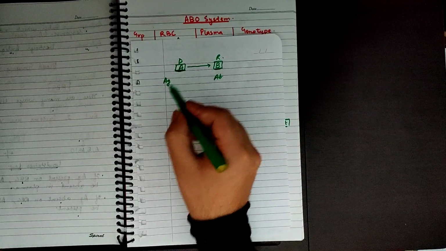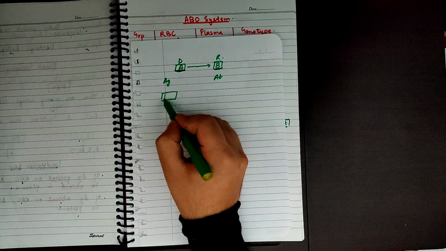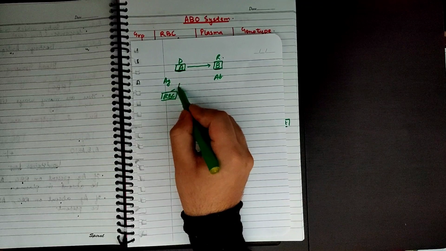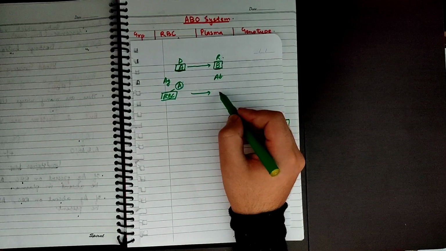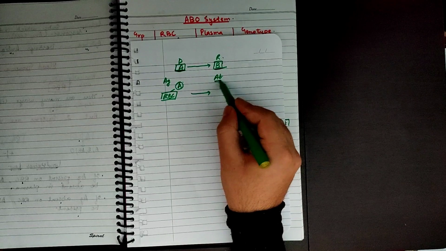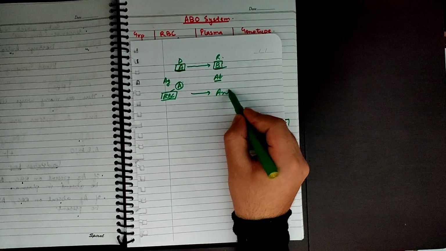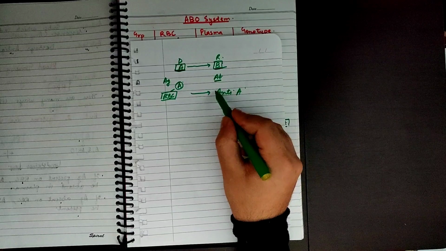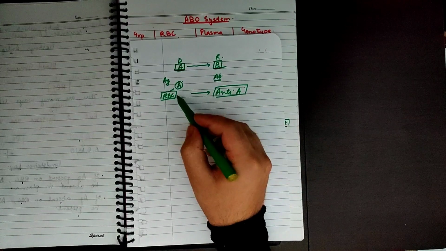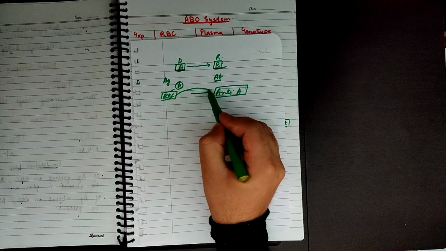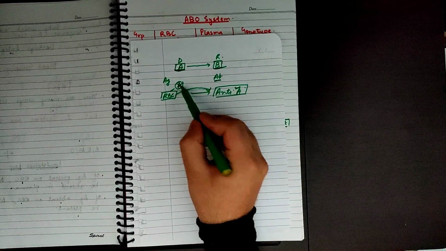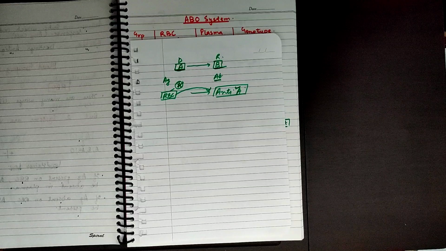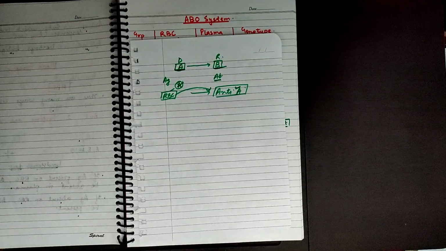If the blood group is A, what will be the antigen? A will be written on the RBC. We will have A antigen. And if our recipient has blood group B, what will be the antibody? The antibody will be anti-A. So if I take the blood of A and give it to B, it will not work because the anti-A antibody is going to destroy this RBC. It's going to destroy this antigen. Okay, this is the first thing.